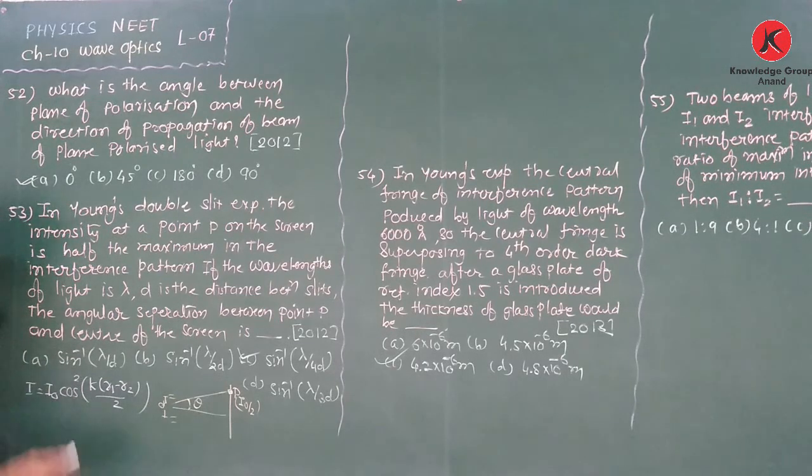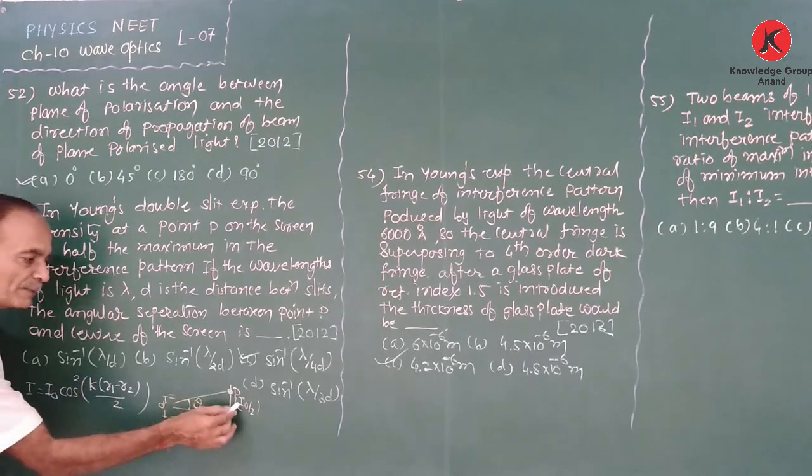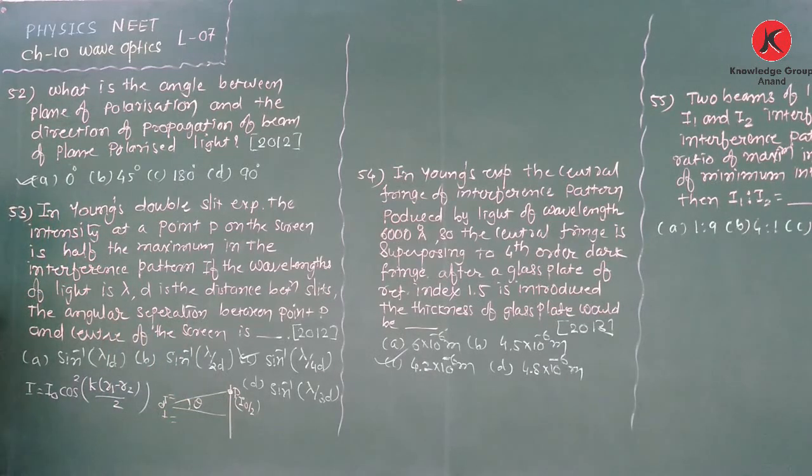It depends on the path difference at this point. K is the wave vector, its value is 2 pi upon lambda. Here the intensity at point P is I0 by 2, that means half of the maximum.